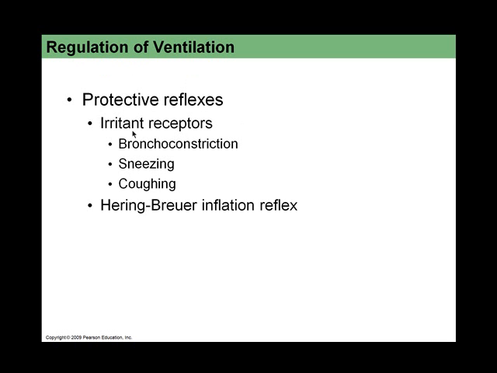So there's reflexes for protection from environmental irritants. So the bronchoconstriction to keep things from getting too deep into the lungs, sneezing and coughing. These are built in, and we know they're exaggerated if you have allergies.